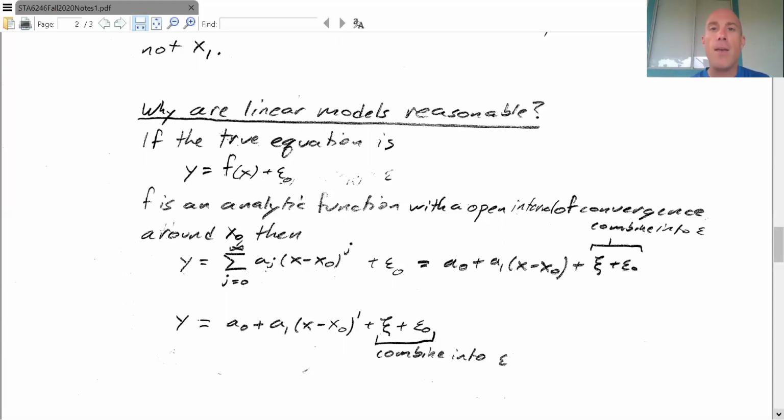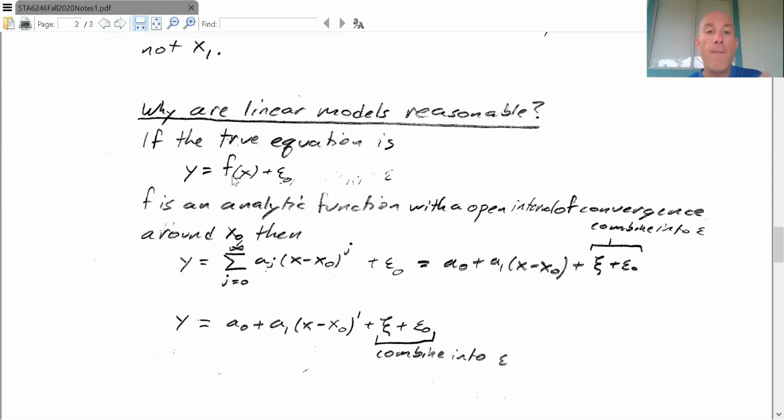Let's say that the true equation that we would like to know, if we had a crystal ball and we could look at it, is y equals f of x plus some fluctuation term. And here we say that f is an analytic function with an open interval of convergence around some reference point.